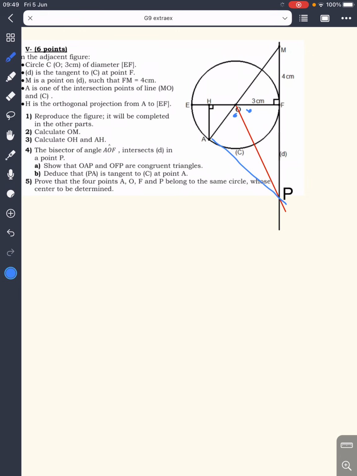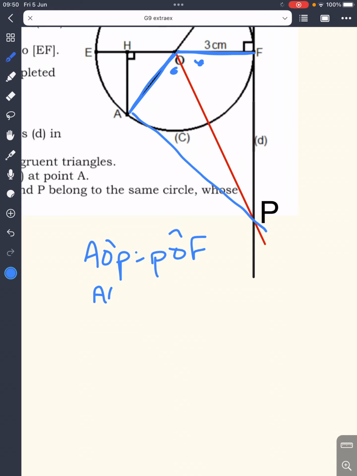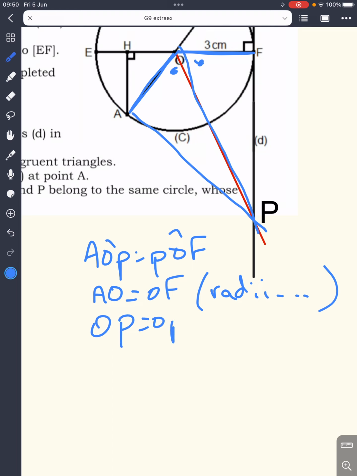We have, as we said, AOP equals POF. We also have AO and OF, they are radii of the same circle, so they are equal. So this is the second one. We also have OP, a common side between the two triangles AOP and FOP. OP equals OP, common side.